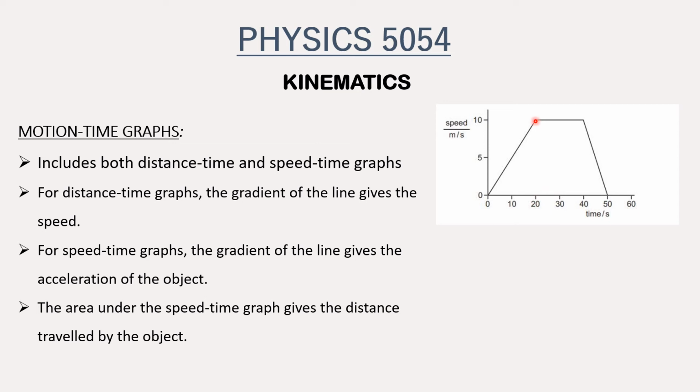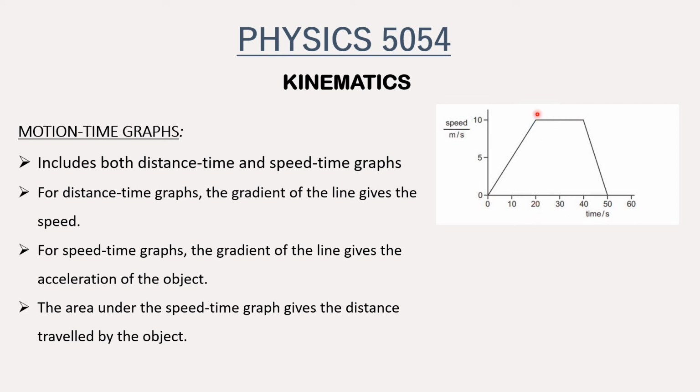So for example, if I talk about this point right here where the curve turns, here our y point is 10 and our x is 20. So if I need to calculate the acceleration of this line or this journey, we can calculate it by simply dividing 10 by 20, and we get the acceleration as 0.5 meters per second squared. So our acceleration for this car from 0 to 20 seconds is 0.5 meters per second squared.